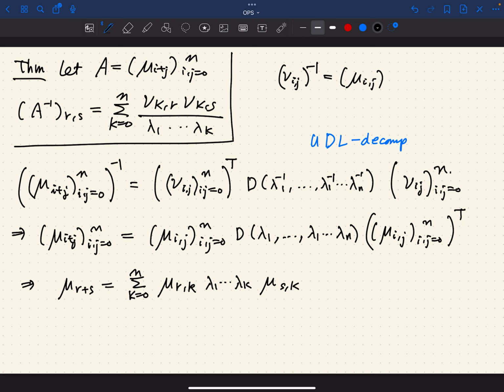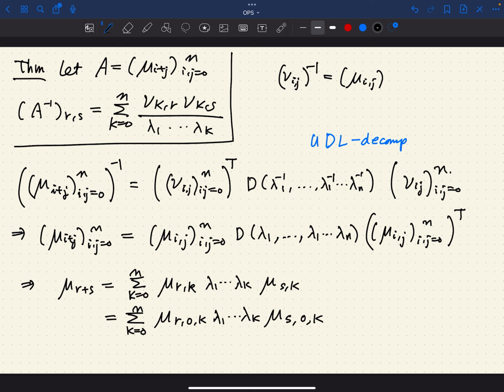Okay, but we can rewrite this because we know that this is mu r comma 0 comma k, lambda 1 through lambda k, mu s comma 0 comma k. We just write it. That is the definition.